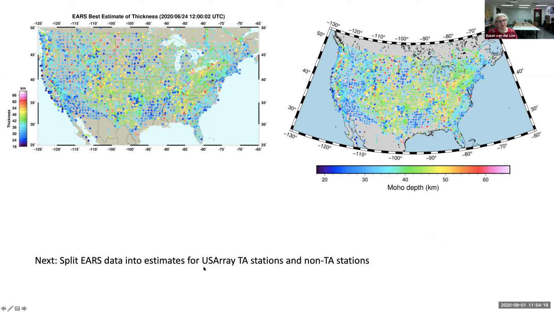One data set has MOHO depth estimates for non-US array, non-transportable array stations, and another set has MOHO depth estimates for pure US array transportable array stations. And we're going to use one of the sets, this one, to predict the MOHO depth for the other set via gridding specifically.